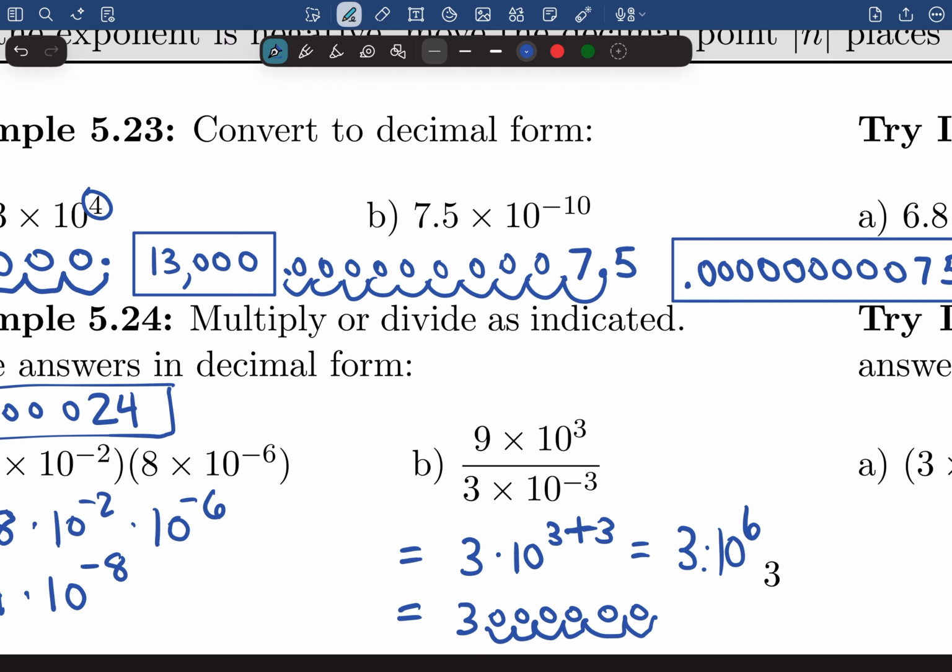And now my decimal is all the way to there. Okay, so what is that? That is actually 3 million. Okay, so my decimal place got to right there. I'm going to make it invisible. This is a nice clean number, 3 million. 3 times 10 to the 6th is 3 million.